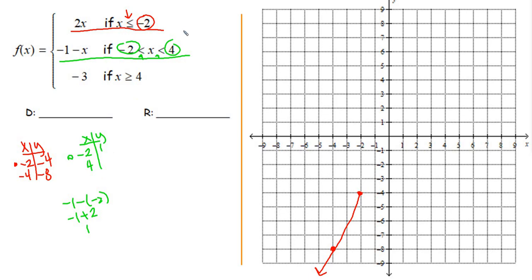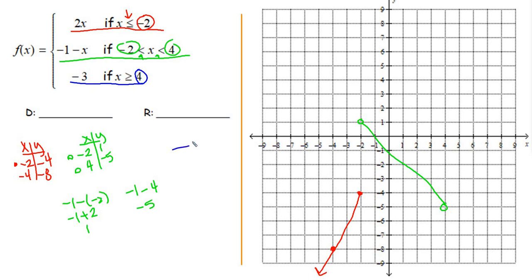The second point happens to be an end point, so I know that's going to be an open dot. Again, no equal to, open dot. So I have -1 minus 4, which is -5. Okay, so I have -2, +1, open dot, +4, -5, open dot, and connect the two.